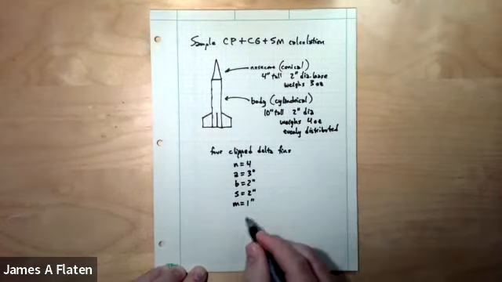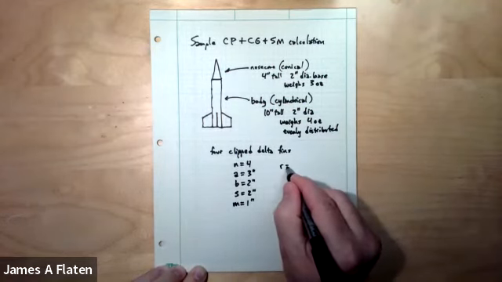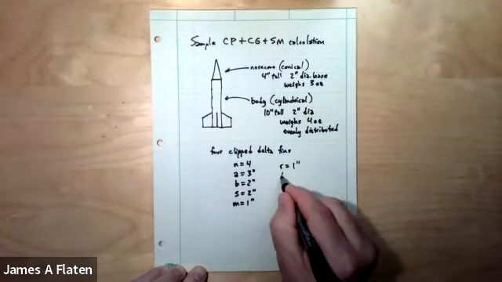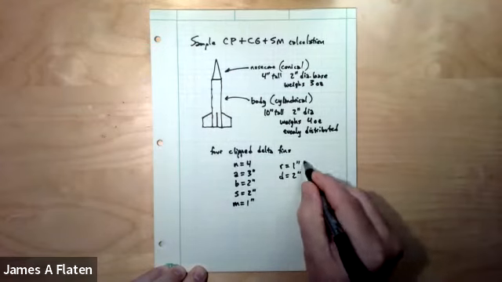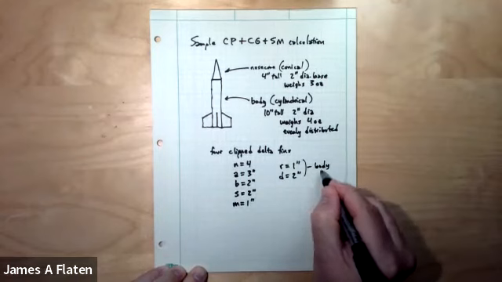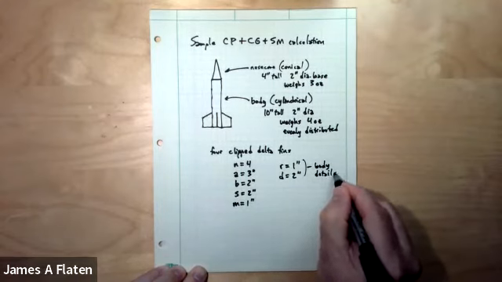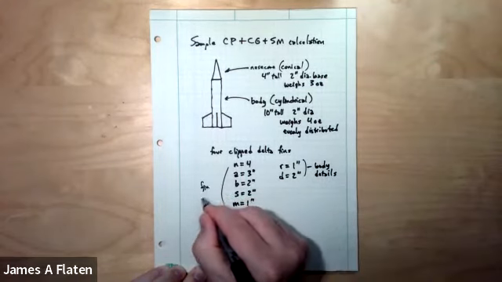The radius of the body is 1 inch. The diameter is 2 inches. So those are body details. These are fin details.